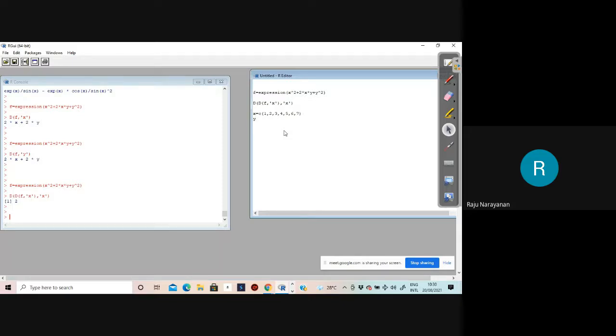Okay. Y is equal to, I will take 1, 4, 9, 16, 25. It is the square of that. I need not do all these things. I just write y is equal to x into x. It will do.